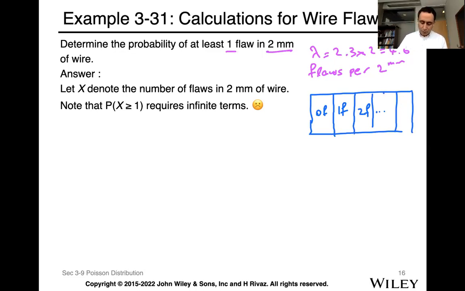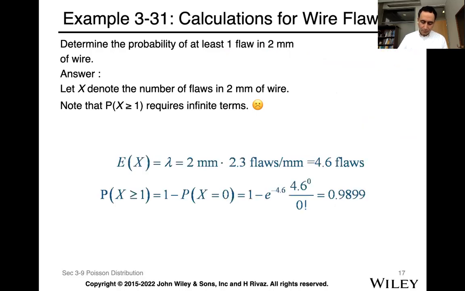The question wants me to calculate this. Instead of that, I'm going to say this probability is equal to 1 minus this other probability, in purple. So the first step, we calculate 4.6, and then my probability is equal to 1 minus the complement. For X, I plug in 0.